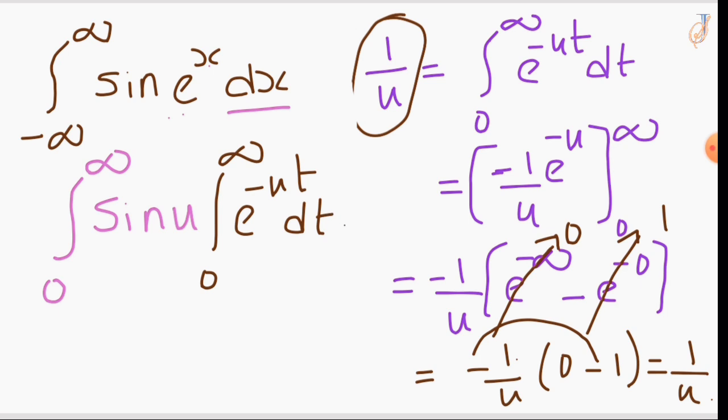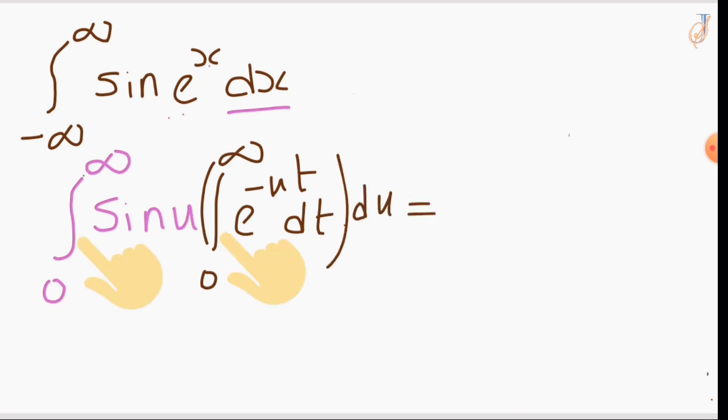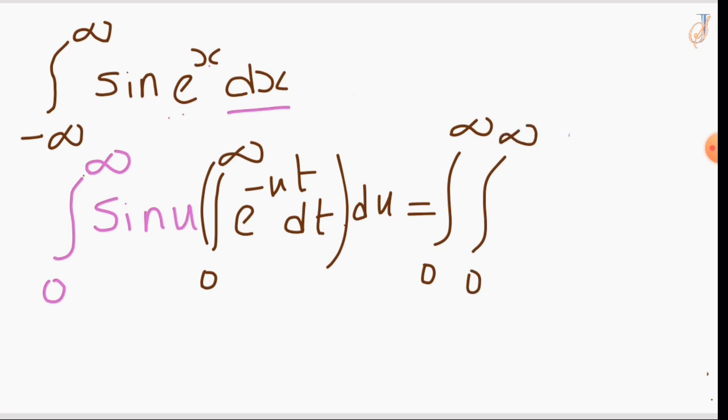Instead of 1 over u, I take the integral from 0 to infinity of e^(-ut) dt. Still we have du. So we have an integral from 0 to infinity and here another integral from 0 to infinity. That means we have a double integral: 0 to infinity, and the second integral 0 to infinity, with sin u e^(-ut) dt du.